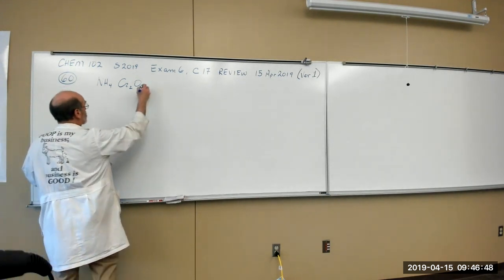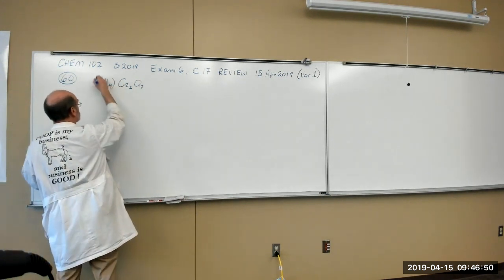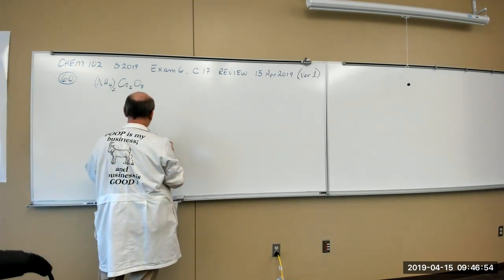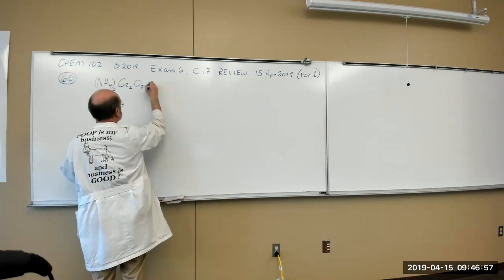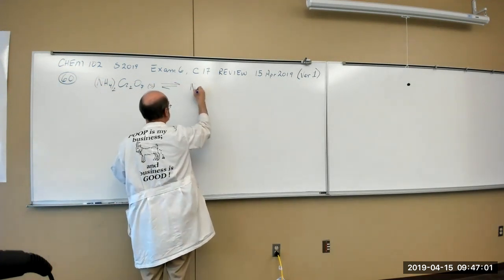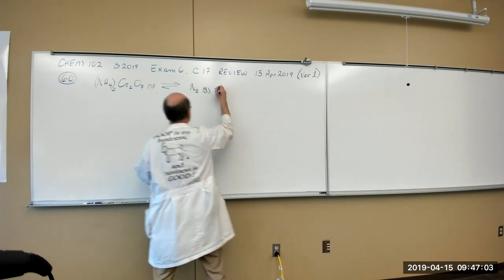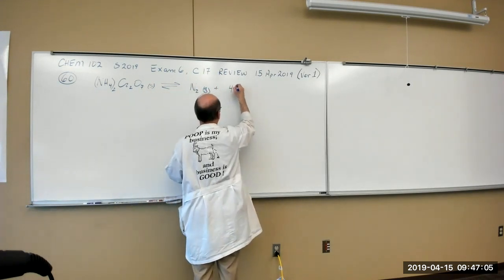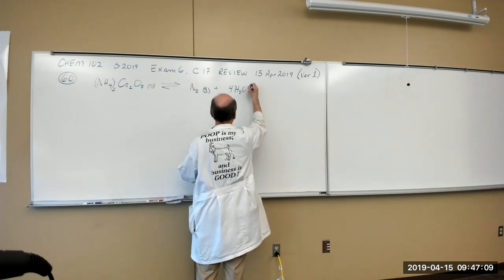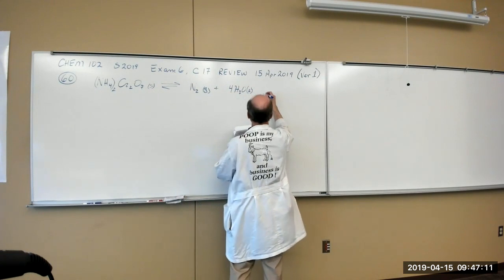So ammonium dichromate, and this is 2 minus, so that means this one has to be 2 there. This is a solid. And it decomposes into nitrogen gas and water, H2O. At 25 degrees, it'll be a liquid.